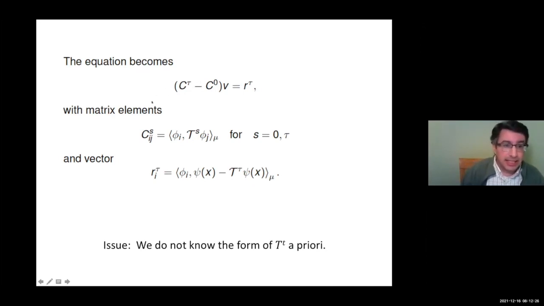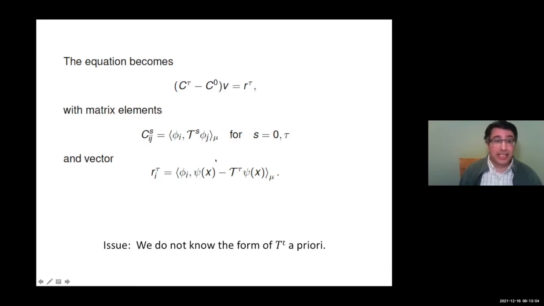So these matrices C have elements of this form, phi i, T, phi j. The issue is that, in contrast to quantum mechanics, we don't know the form of T explicitly. If this was a simple diffusion, we could write down a differential operator, but here we have a finite time, and everything happening within our molecular dynamics simulation is going into that.